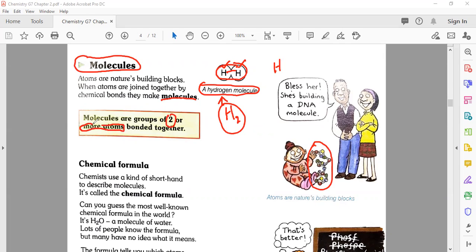Okay, don't think that only 2 atoms join. Here you can see that more than 2 atoms are also joined. So molecules are a group of 2 or more atoms bonded together. How do they bond? Chemically.